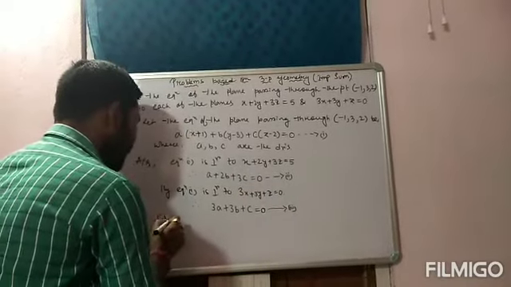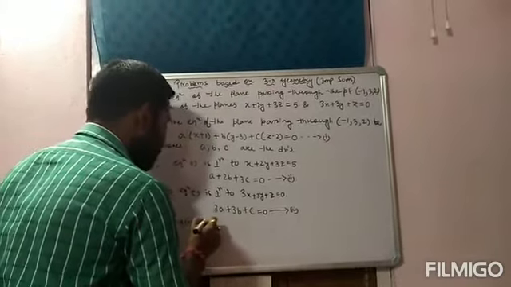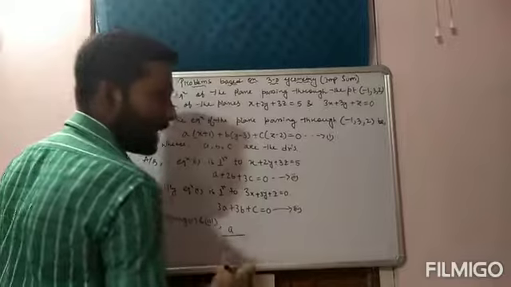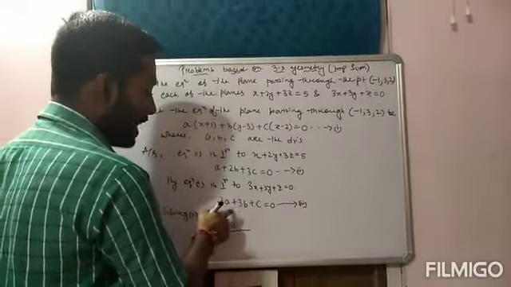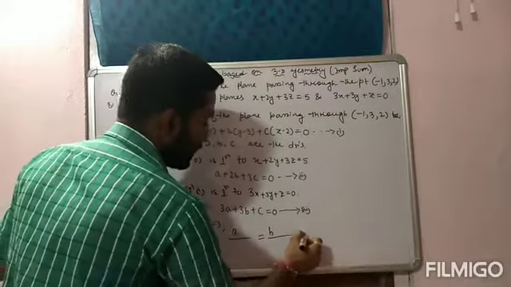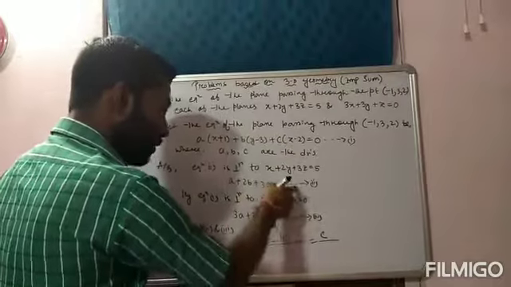Now solving equation 2 and 3, we get a by, how many unknown quantities are there? 3, right? a, b and c. So a, b, c. I am using here the cross multiplication method. I am solving 2 and 3.